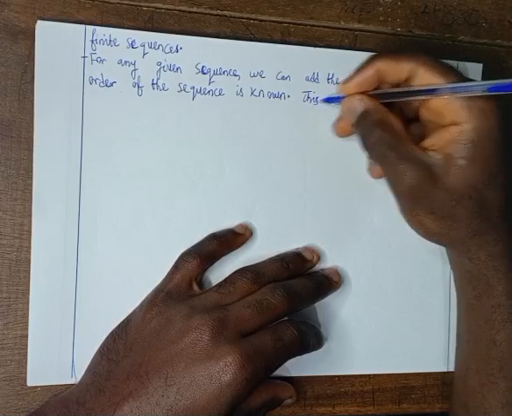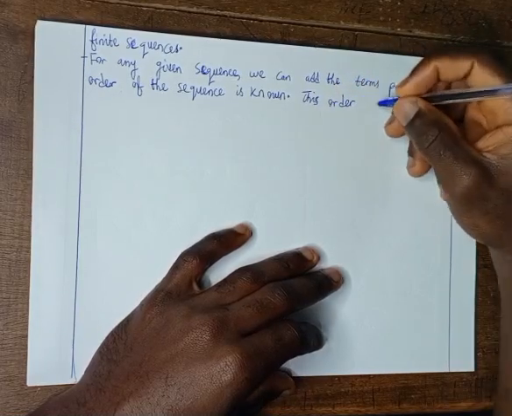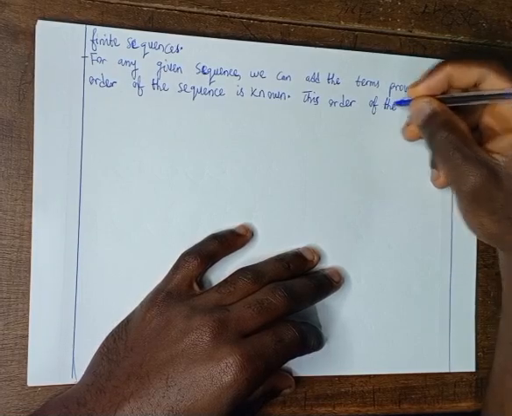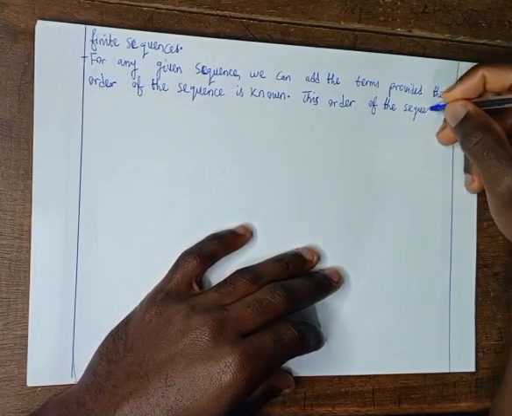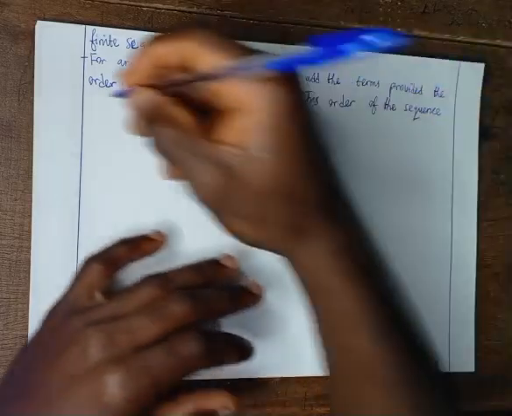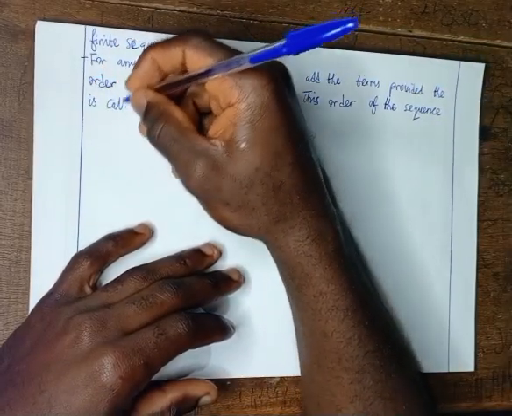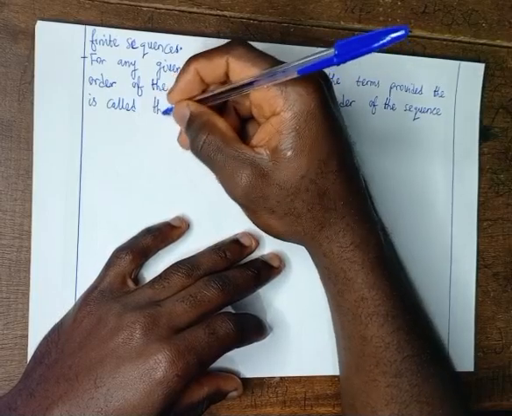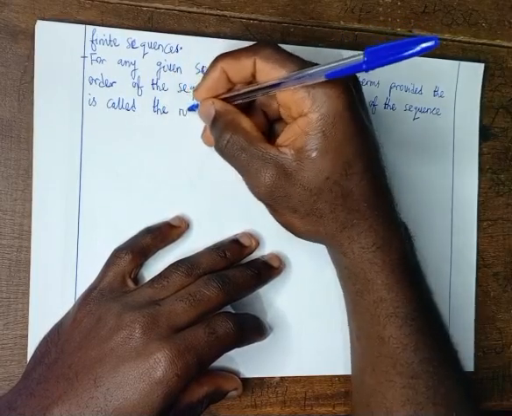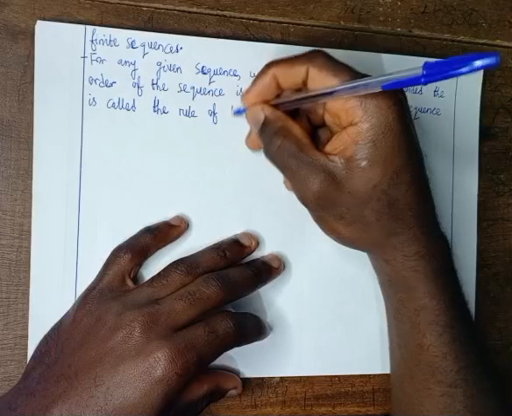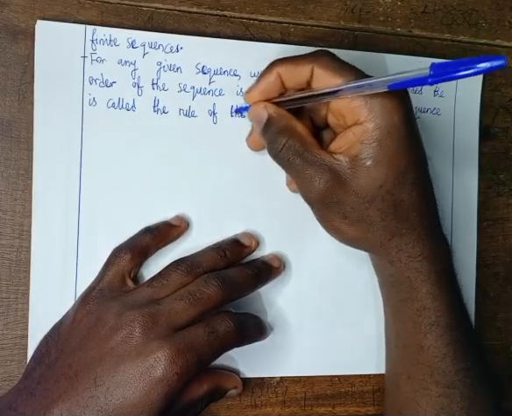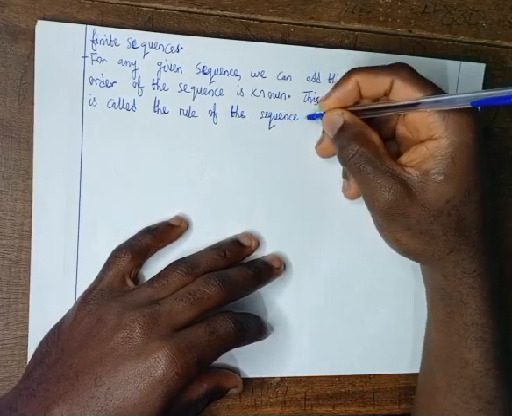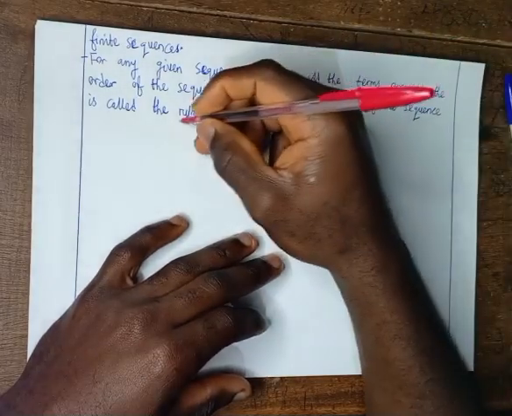This order of the sequence is called the rule of the sequence. Underline the rule of the sequence.